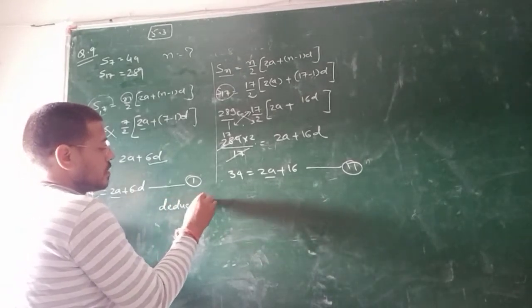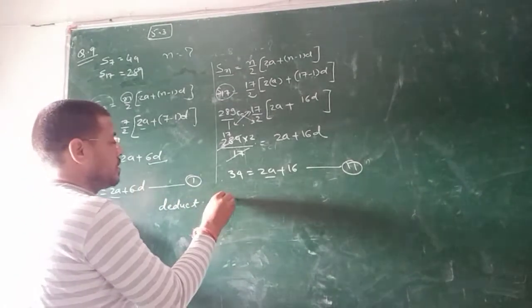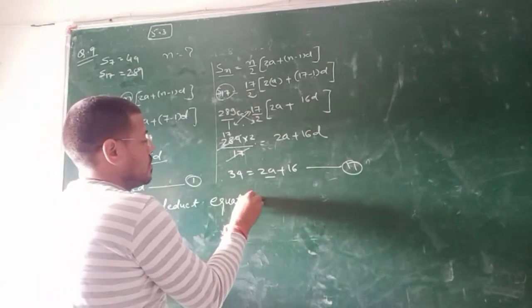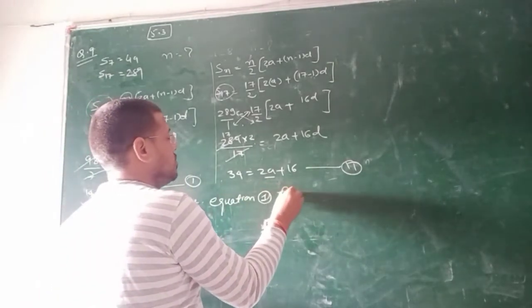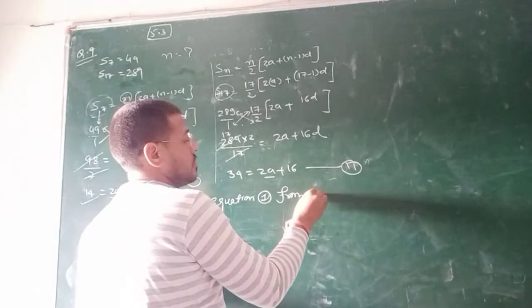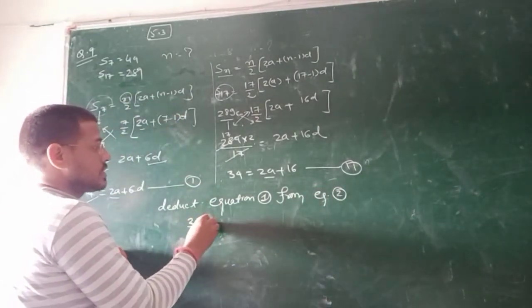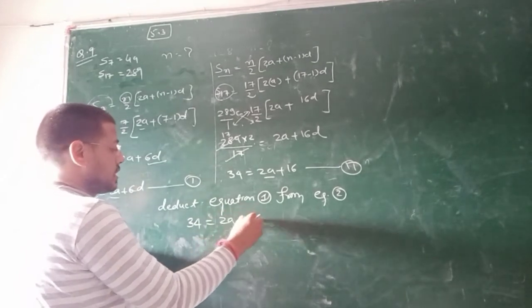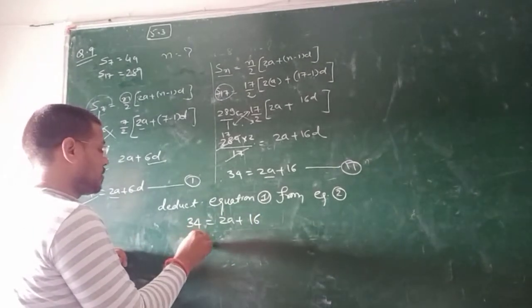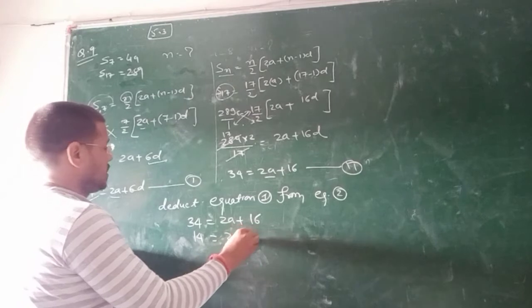Deduct equation 1 from equation 2. In equation 2, 34 is equal to 2a plus 16d. Over here, 14 is equal to 2a plus 6d.